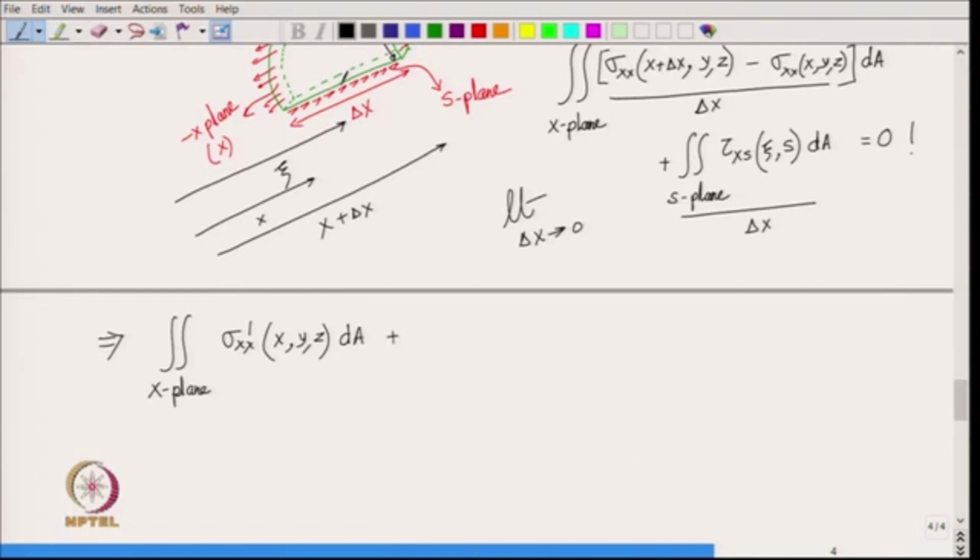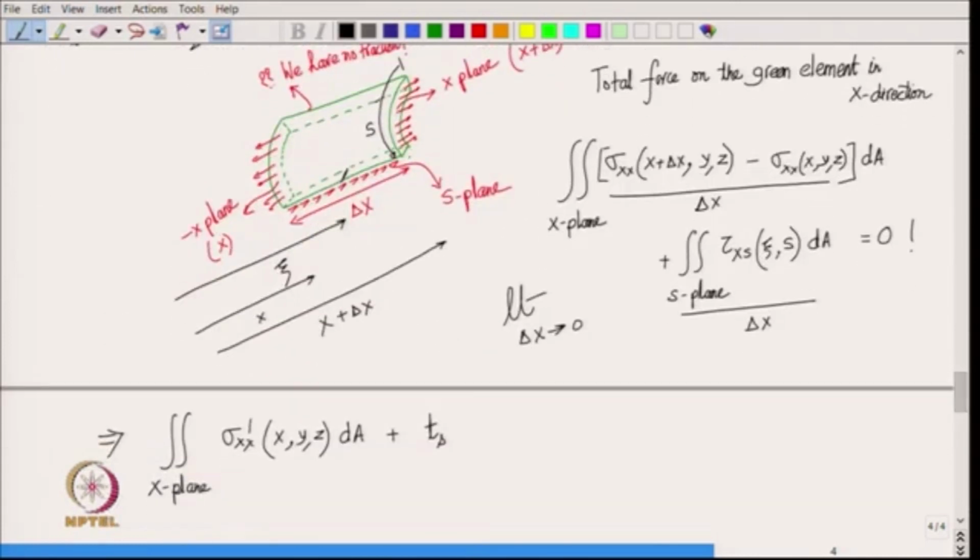plus, now the second integral here, you see it is over the S plane. So, it has two integrations, one is along the x and the other one is in the thickness. The one in the thickness can be carried out easily, because we said that the shear stress does not vary along the thickness. So, we get, let us say, some thickness T as a function of S. So, it is T s. Basically the thickness here, that is T s.